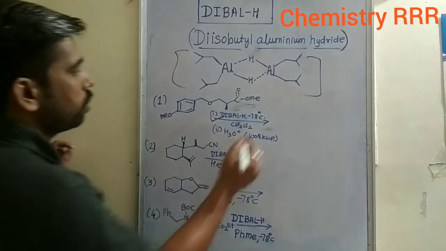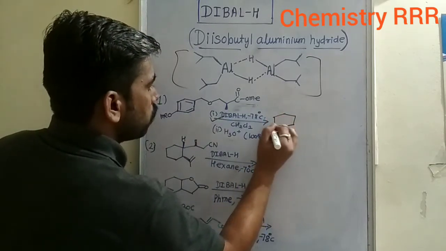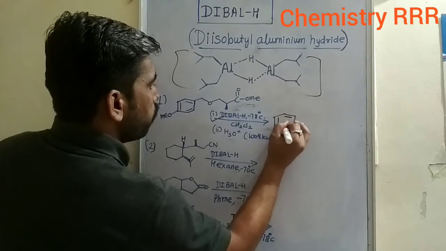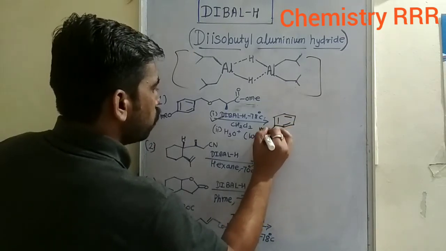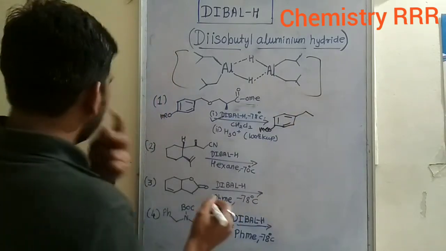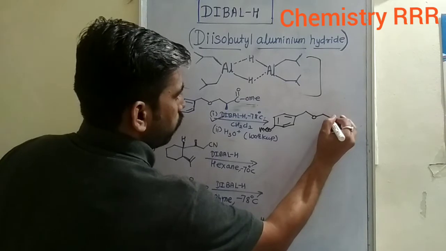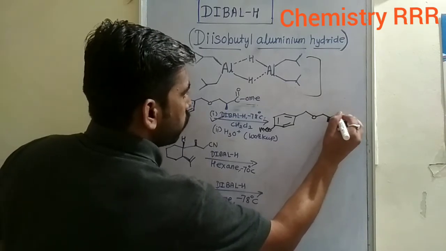DIBAL-H reduces ester to the corresponding aldehyde. It is an electrophilic reducing agent. DIBAL-H is an electrophilic reducing agent.